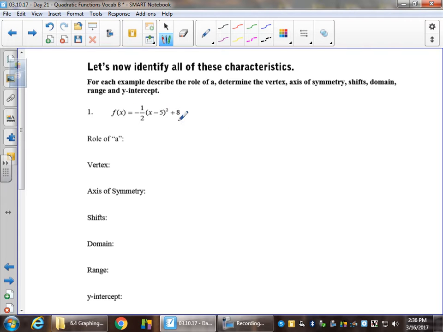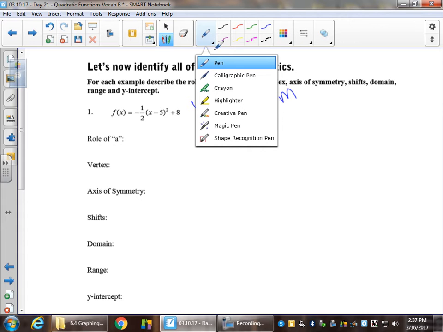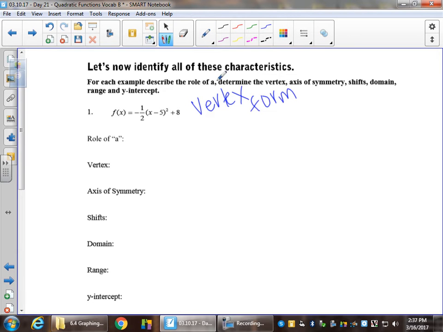Okay, so we decided in class this is in vertex form. Our role of A is a negative 1/2. A negative A opens down.